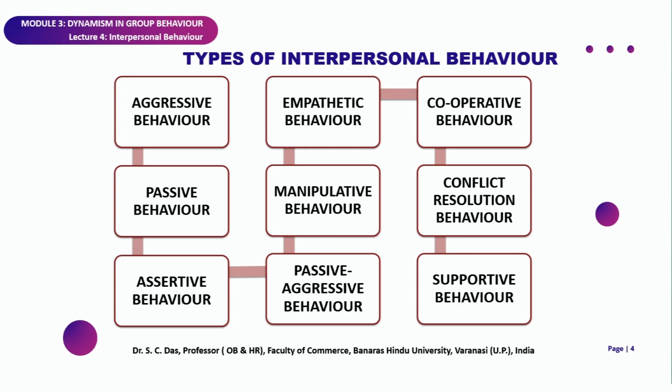Like aggressive behavior, perhaps you do not know exactly what it is. Sometimes you are communicating, but you do not know it is aggressive behavior, and that may lead to problems in your personality. That's why I am telling you, communication is one of the important parts of interpersonal behavior.